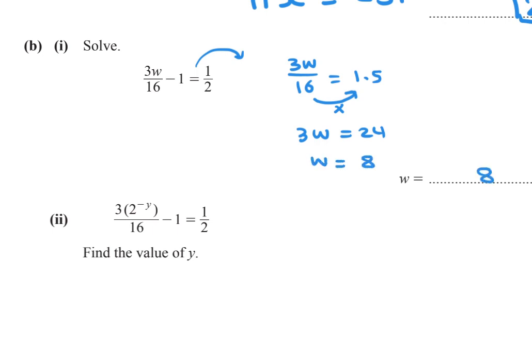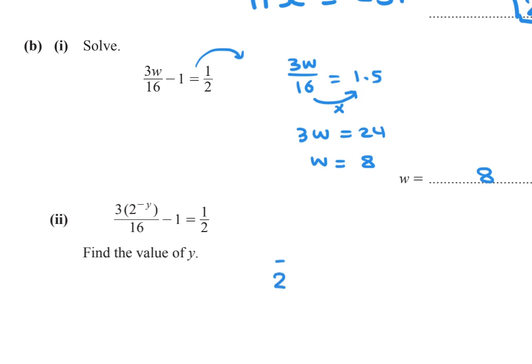Now for b, ii: 3 times 2 power negative y minus 1 over 16 equals half. This equation is the same as that one, but he substituted w by 2 power negative y. So if w equals 8, this means 2 power negative y equals 8.